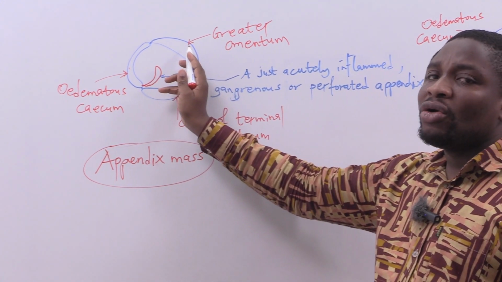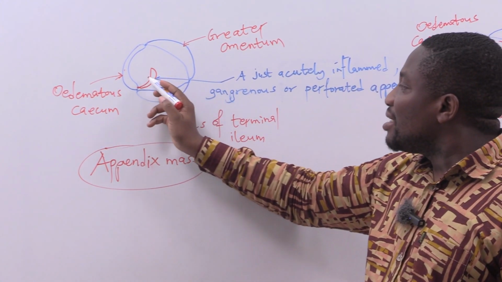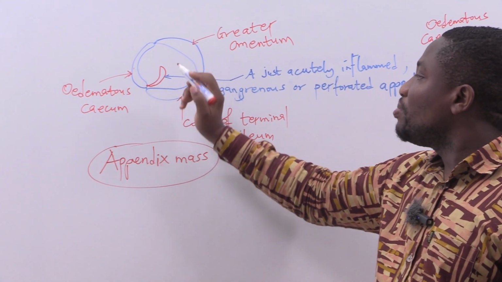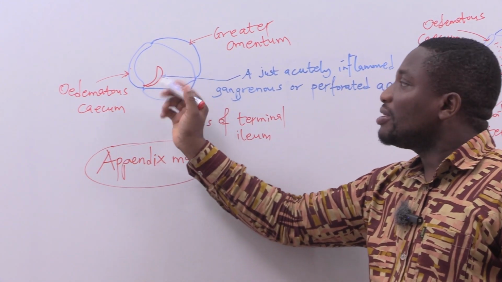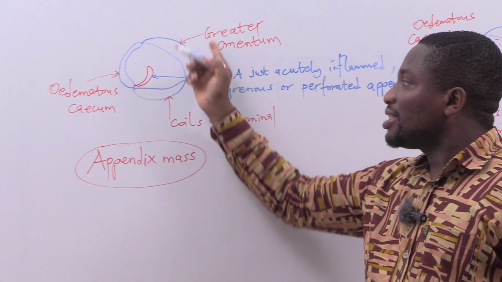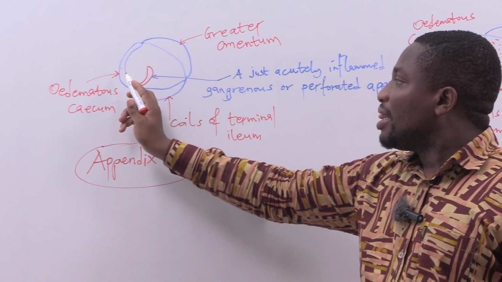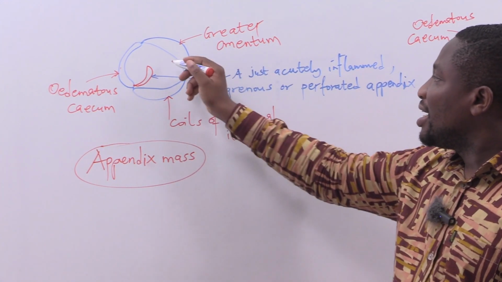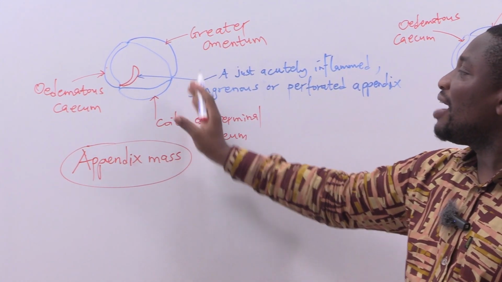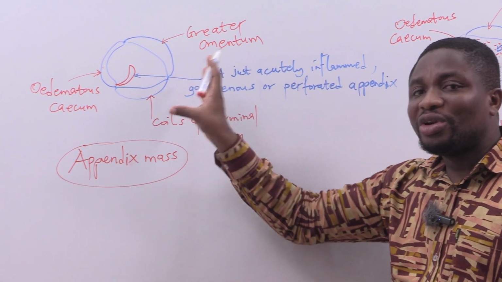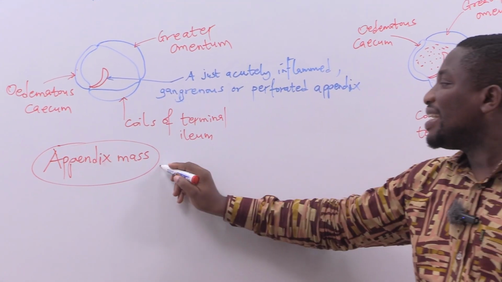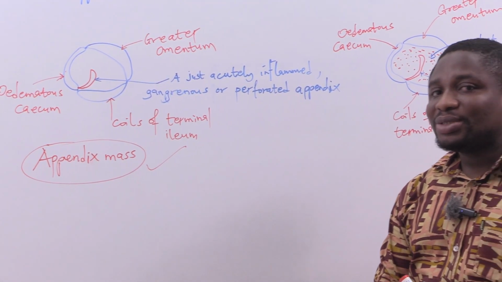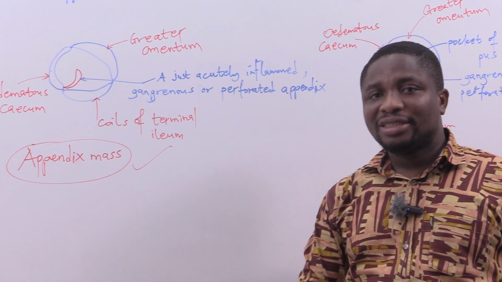Then here you have the greater omentum, meaning that the inflamed or gangrenous or perforated appendix is surrounded by these three structures. When you have that, we refer to that as an appendix mass.